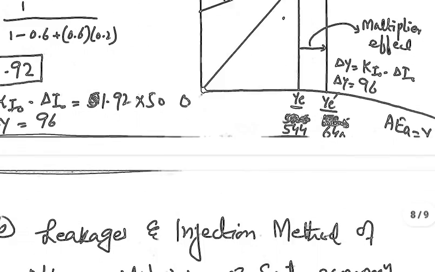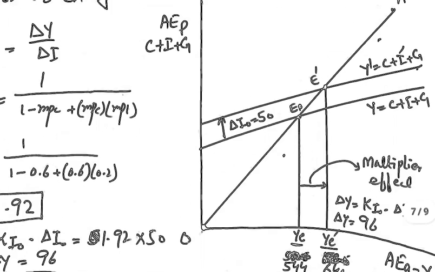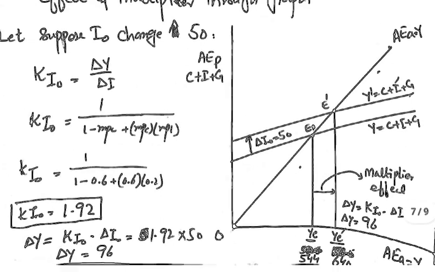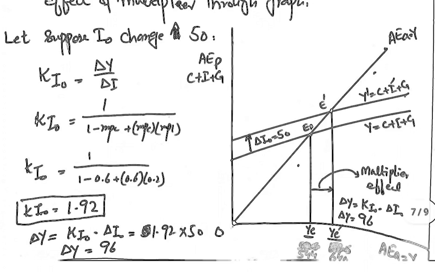Our next topic will be the derivation of the national income equilibrium formula using the leakages and injections method, and then with the inclusion of induced taxes.